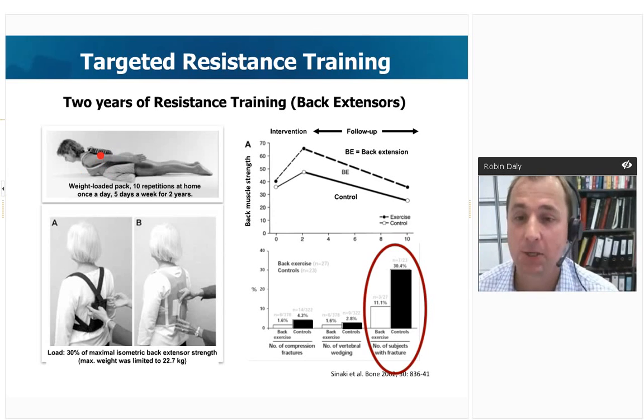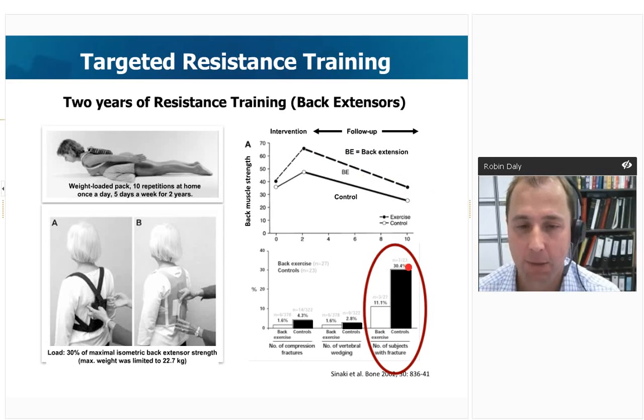This top graph shows you their improvements in their muscle strength. You can see here the exercising group had a really large improvement in their strength in the first 2 years. And they followed these women for 10 years. They didn't necessarily exercise after the first 2 years, but 10 years later, the women still had stronger muscle strength in their back, and importantly, they had fewer vertebral fractures compared to the women that didn't exercise.